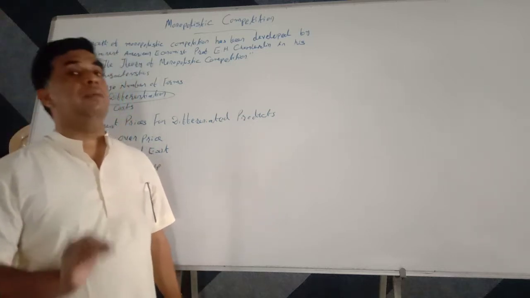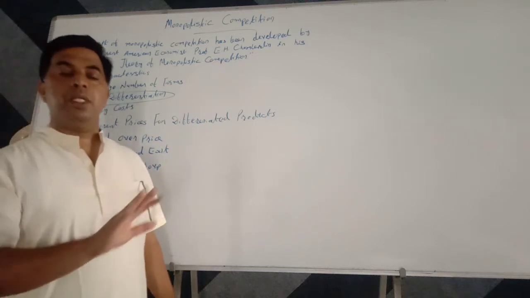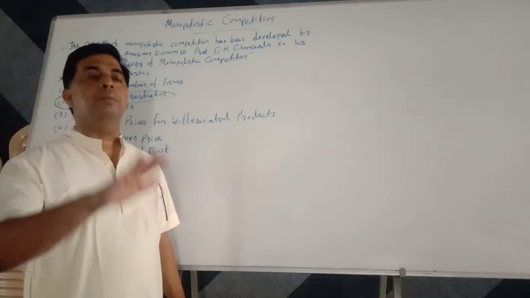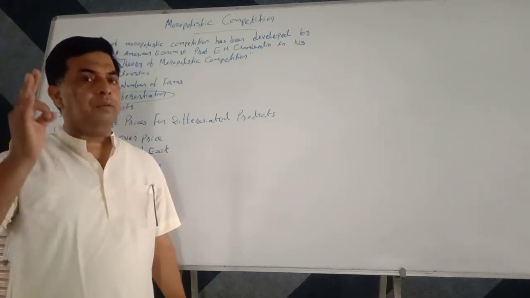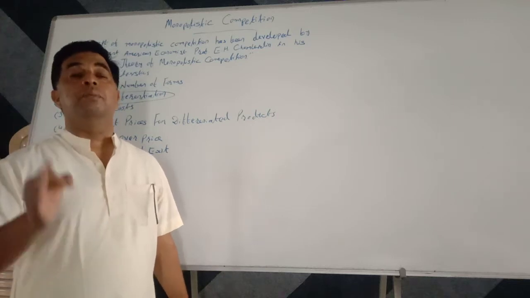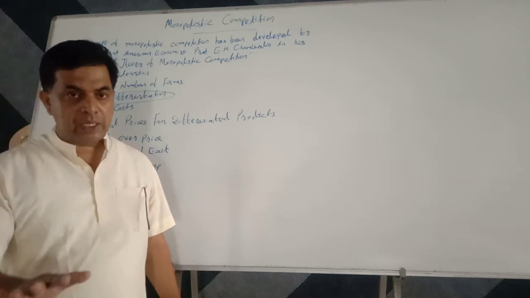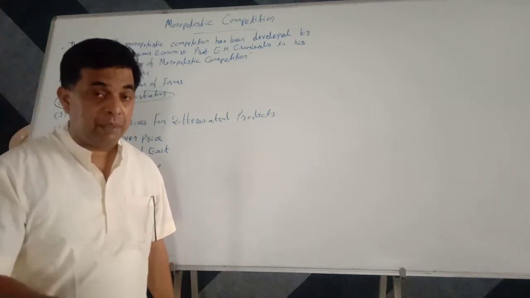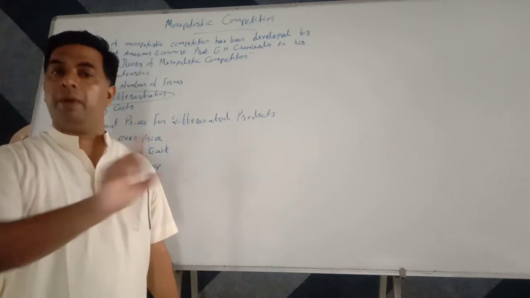And third, very important, selling cost or advertisement expenditure, publicity, propaganda will also bring product differentiation. So the most important feature of monopolistic competition is product differentiation. Here products are differentiated from each other. They are similar but not exactly the same. They are close substitutes but not perfect substitutes.